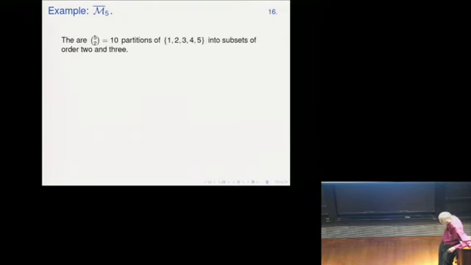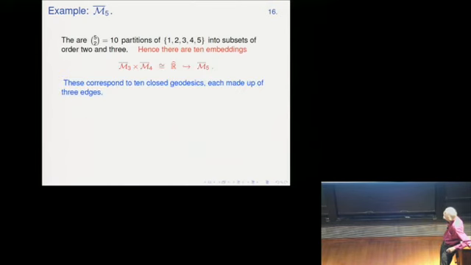Okay, so for example, suppose we apply this to M5. So there are 10 partitions into subsets of order 2 and 3. That means we have 10 embeddings of M3 bar cross M4 bar into M5. But M3 is a point and M4 bar is a circle, so we have 10 circles in M5.